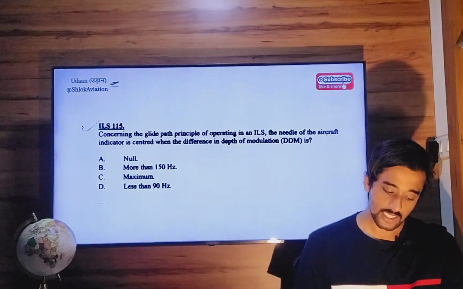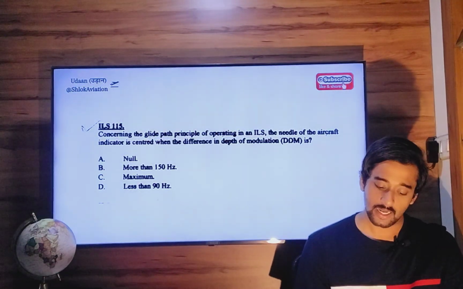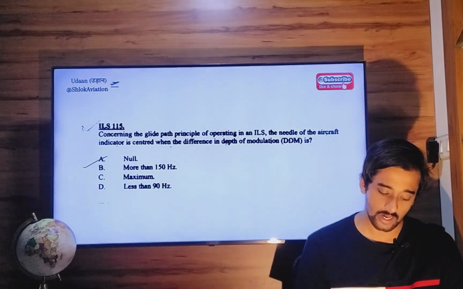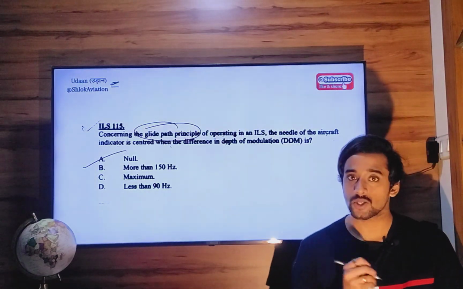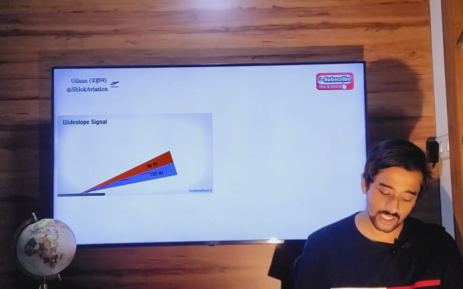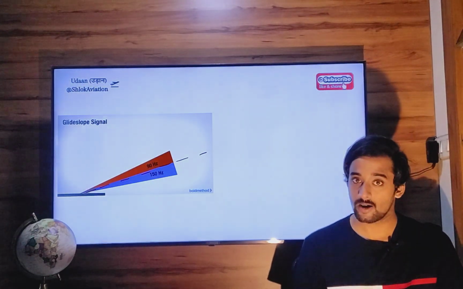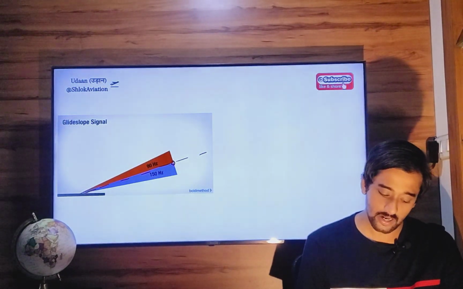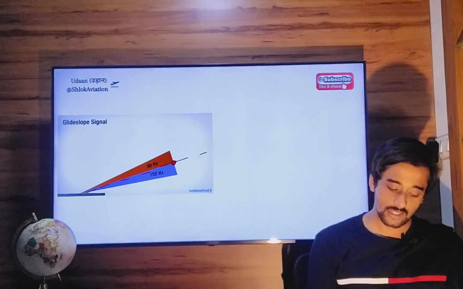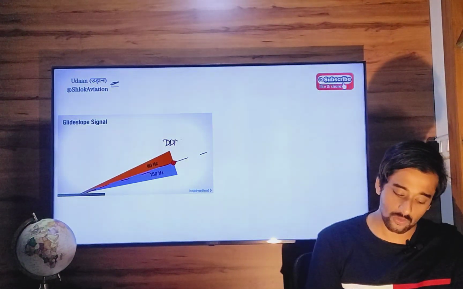Next. Concerning the glide path principle, the needle of the aircraft is centered when the difference in depth modulation is zero again. The same concept applies to the glide path. When you are correctly established on the glide slope of this runway, you will receive both the signals equally. The difference in depth modulation at that time will be zero.